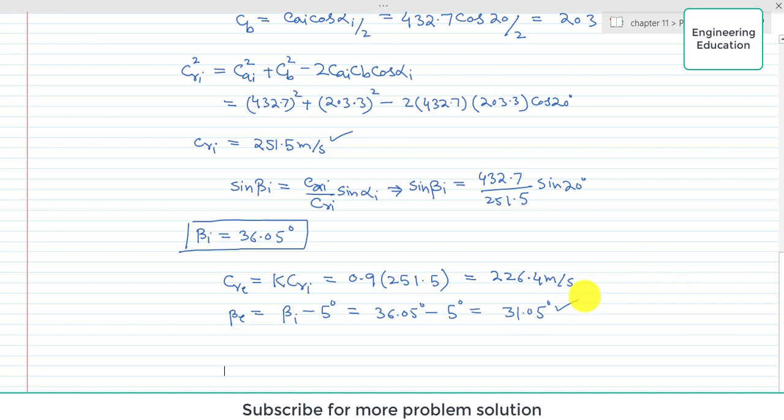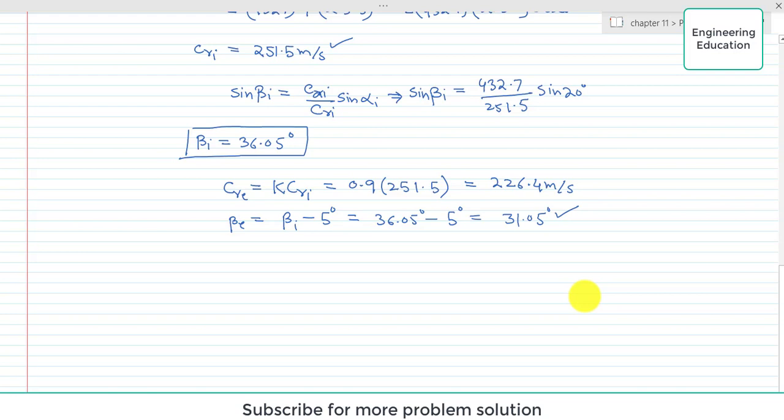Similarly, to find the change in whirl velocity, which is delta CW, we have CRI cos beta I plus CRE cos beta E. This is the expression for delta CW.